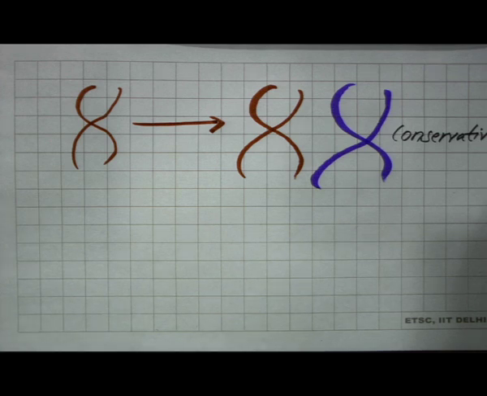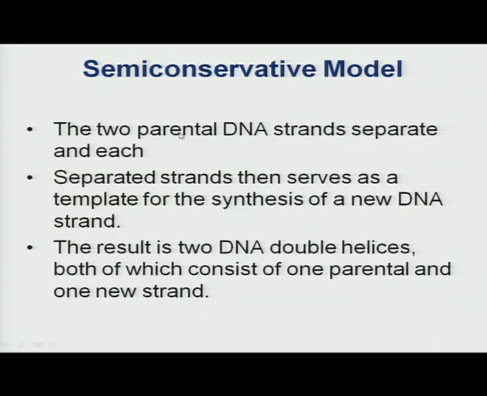The second model was the semi-conservative model, in which the two parental DNA strands separate from each other, and the separated strands then serve as a template for the synthesis of new DNA strands. The result is two DNA double helices, both of which consist of one parental strand and one new strand. Let us understand in this way.